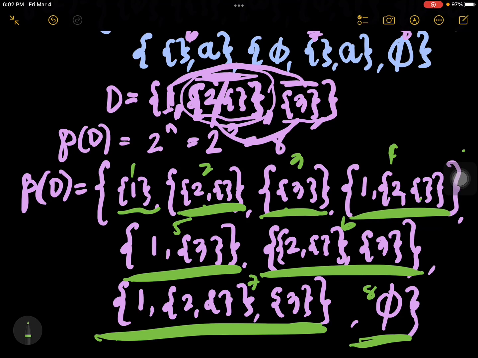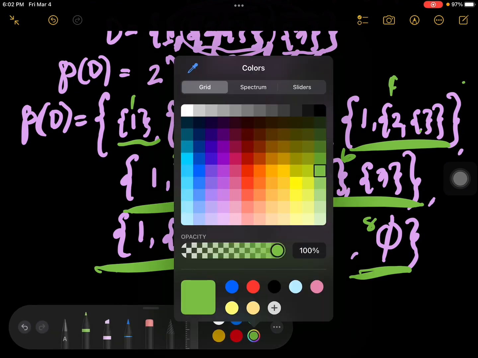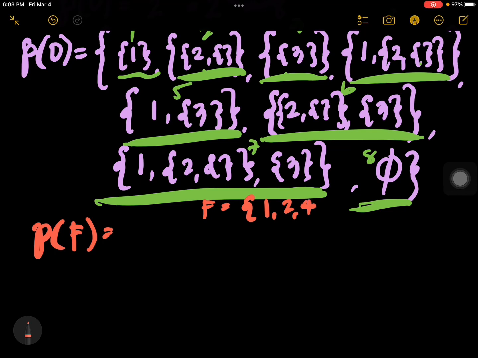Okay, let's have another example, the last example for you. So let's have F. So if I have F, let me write first what is F. Let's have 1, 2, 4.